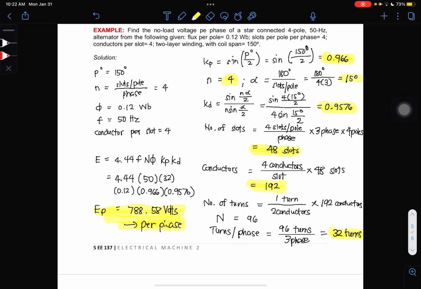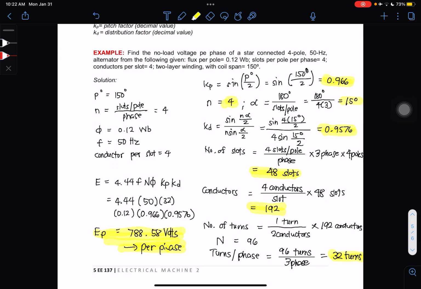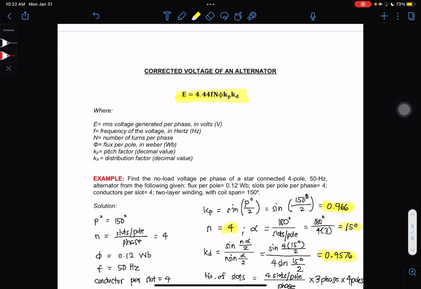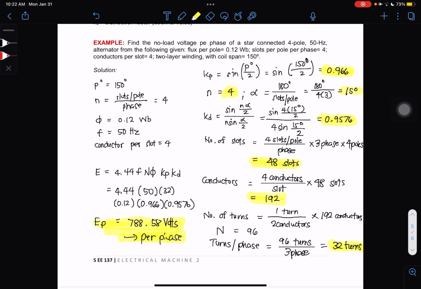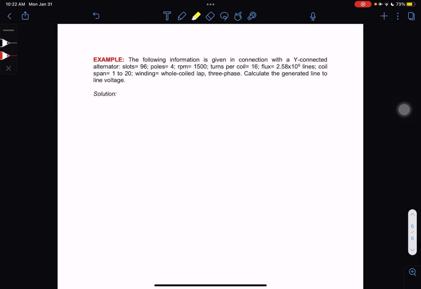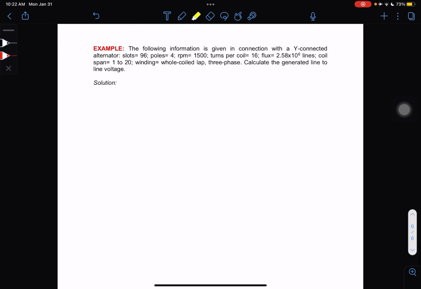So very long, no? So we should memorize the formula for corrected voltage of an alternator. So let's proceed to another example so we can master it. The following information is given in connection with a Y-connected alternator.